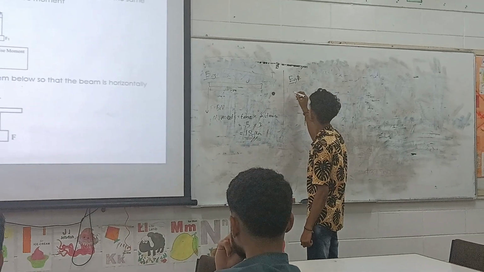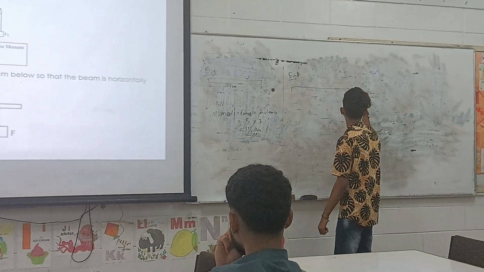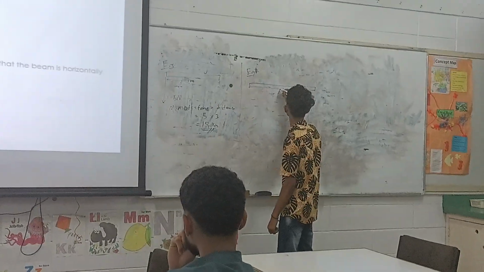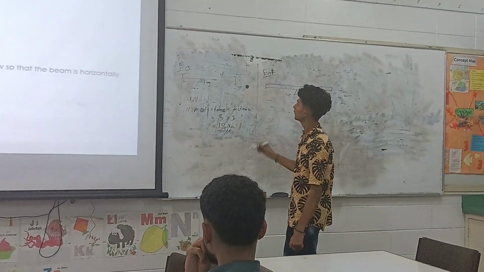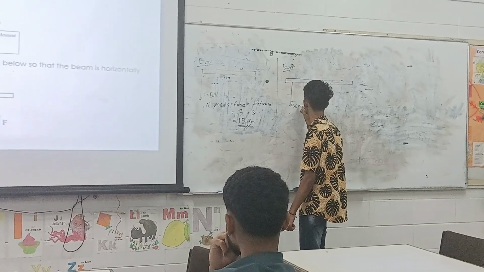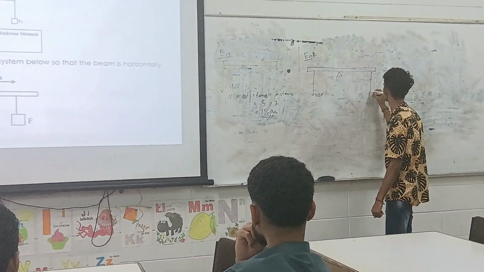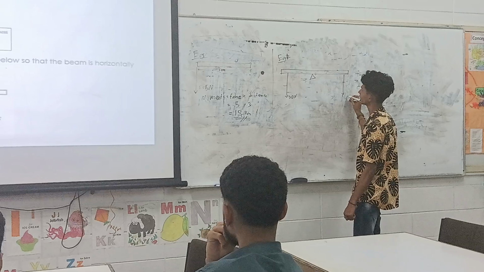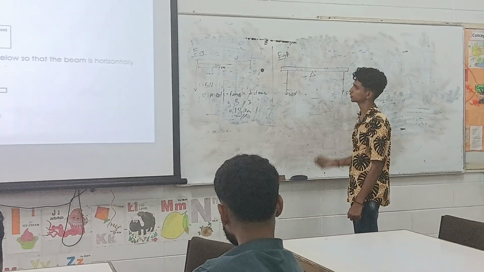So it's a plane. We have a pivot point here, and a force is applied at some point, which is 50 Newton, and a force is applied here, which is F. So this is a mystery force.